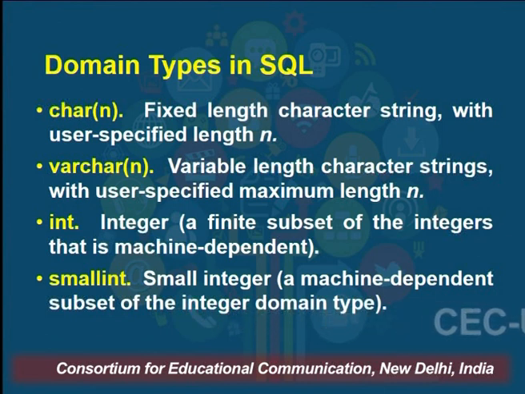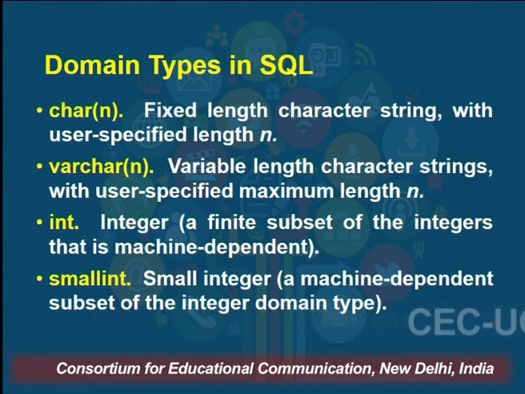So, the first domain type here is char n, where n is the length, char as in character. If we define an attribute of the domain char n, that attribute will have character data, a fixed length character string with the user specified length n.